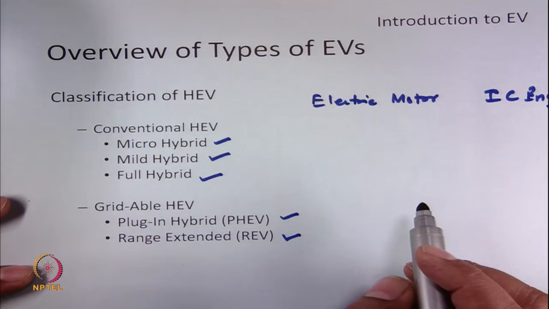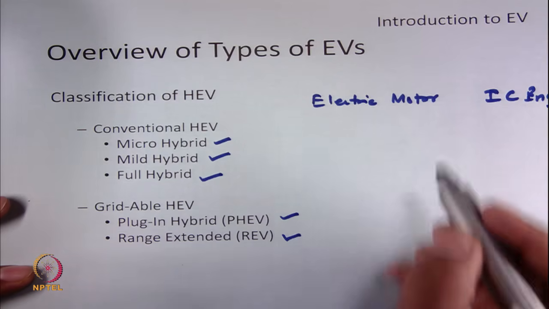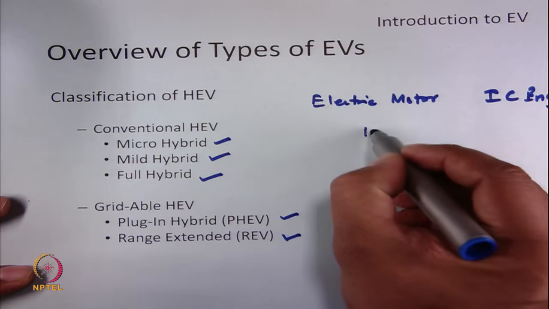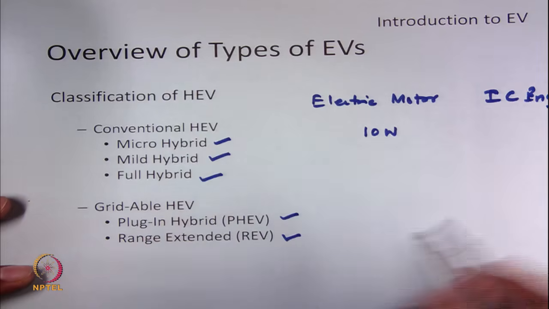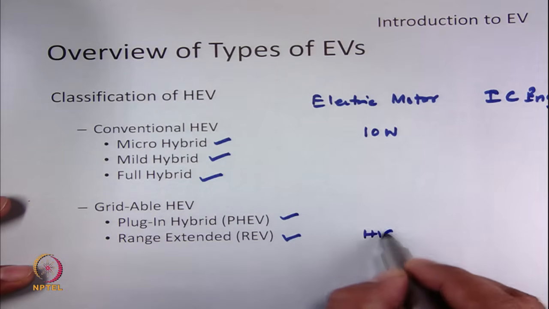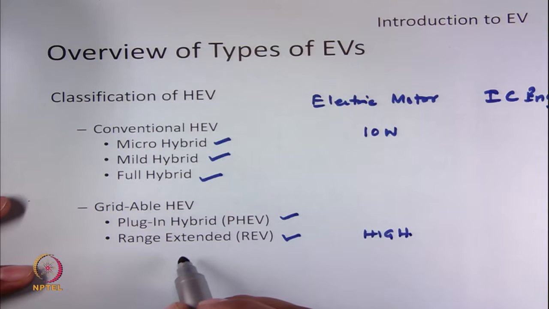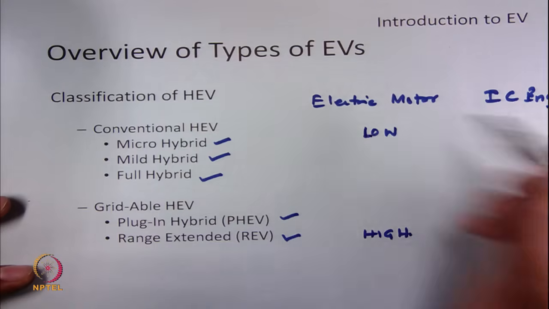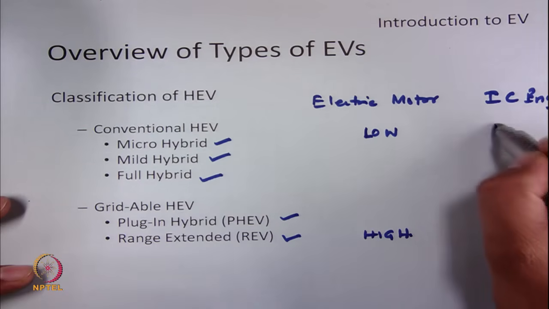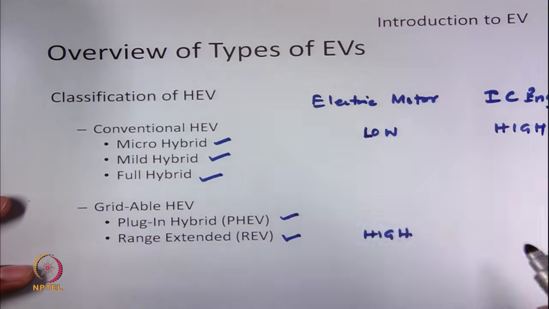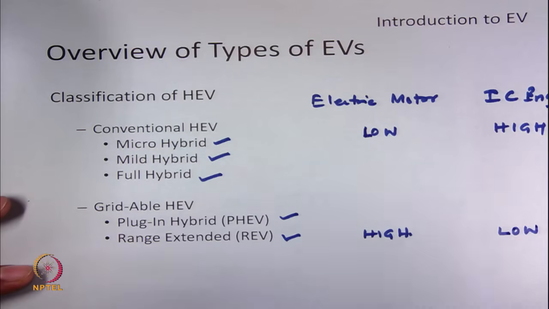So, the rating of electric motor is very low in micro hybrid vehicle and is high in REVs. On the other hand, the rating of IC engine is high in a micro hybrid, while it is low in a REV.